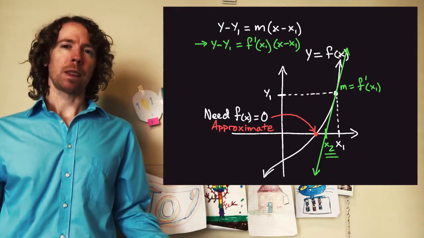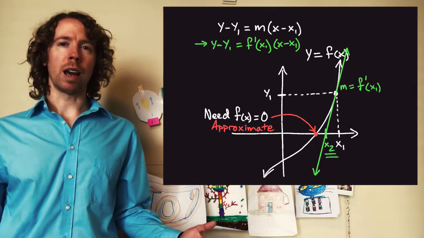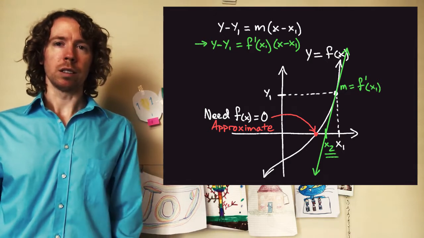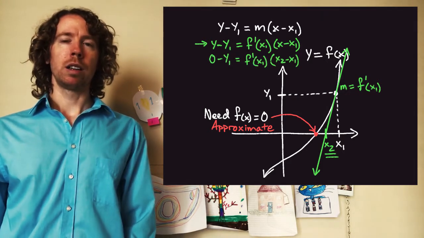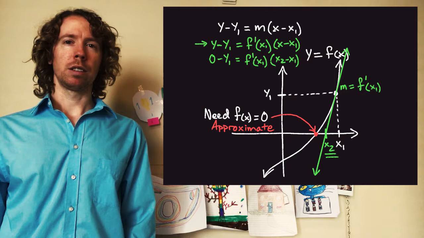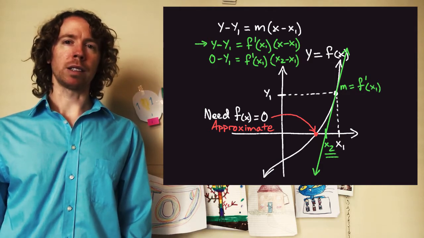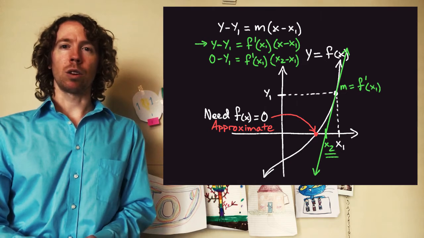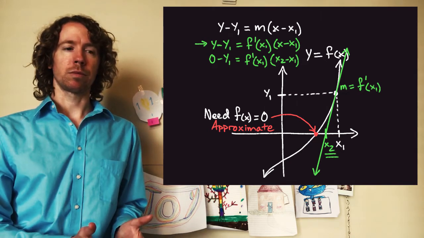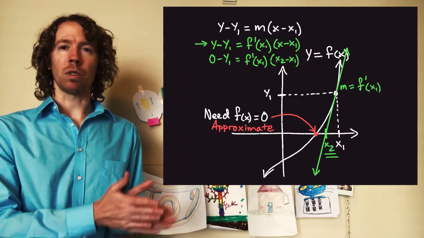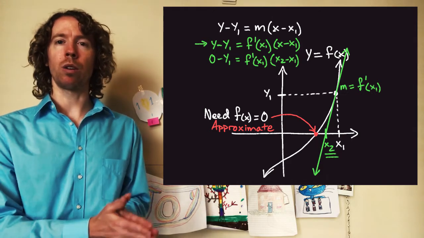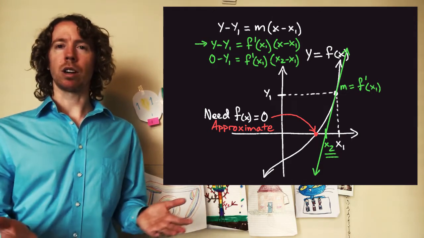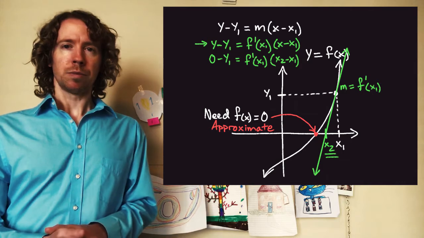So then if we plug in y equals 0 and x equals x2, we get 0 minus y1 equals f prime of x1 times x2 minus x1. And we know what x1 is, so we can fill in numbers for all of this except for the x2. We don't know what x2 is. So let's just solve the equation for x2.